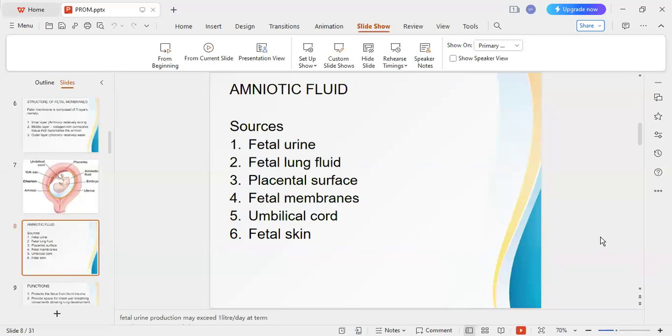But as the pregnancy advances towards the second half, about a liter of amniotic fluid is from urine. So you have the fetus producing at least a liter of urine a day and about 350 mls from the fetal lung fluid.